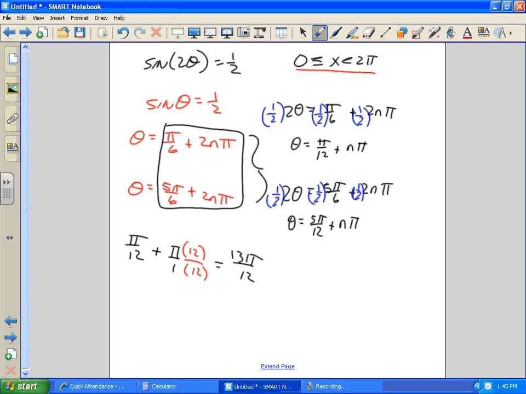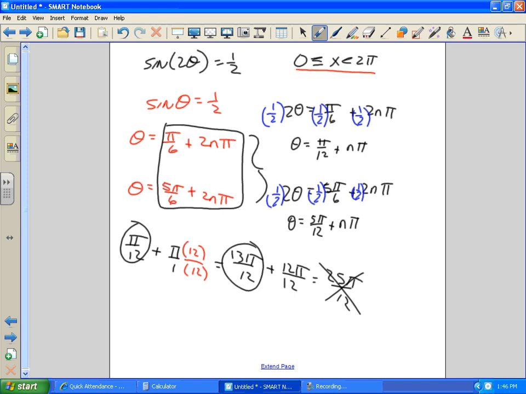Is that less than 2 pi? Yes, so that works. If I add another pi, which is 12 pi over 12, I get 25 pi over 12, and that one's too big. So I have pi over 12, and I have 13 pi over 12.